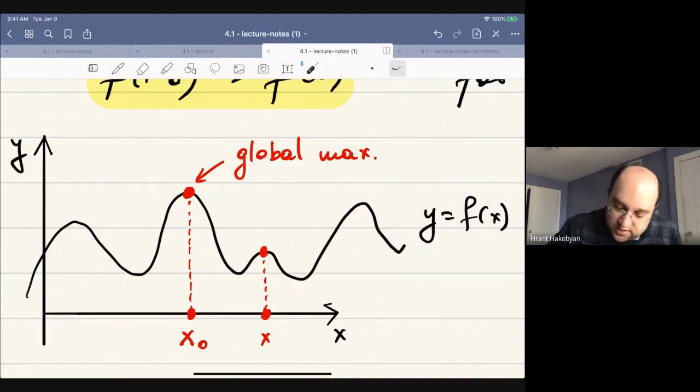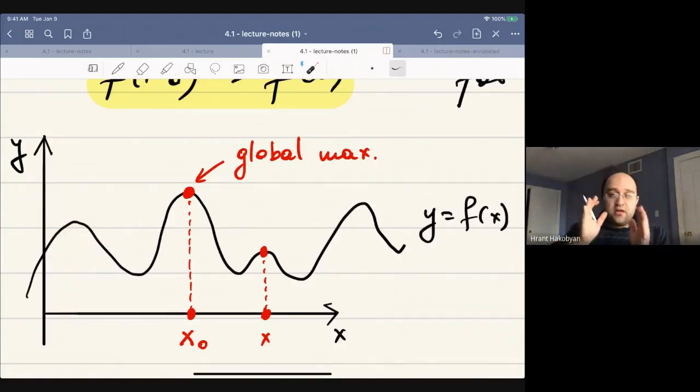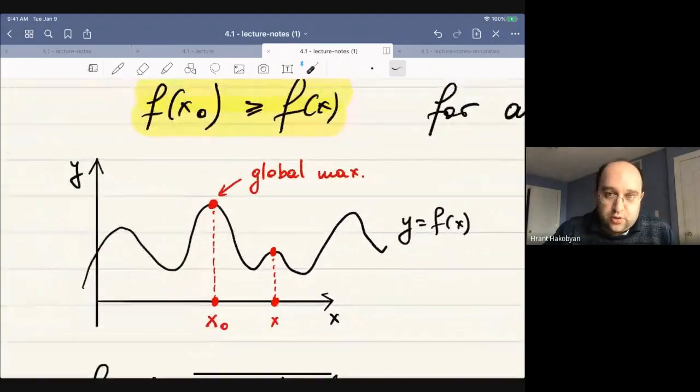So for instance, this point here is what we will call a local maximum. What does that mean? It means that if my x is this point here, and the value there is that number, and I move a little bit, not too far, then my function is smaller than at that particular point. So this one here is the highest point when x is not too far from that particular point. And that's called the local maximum.